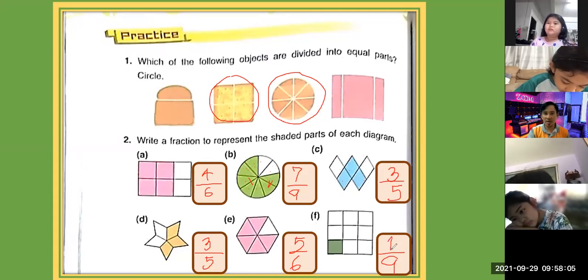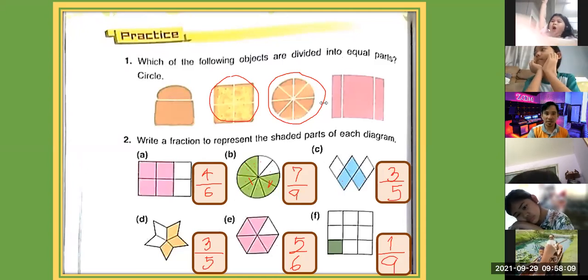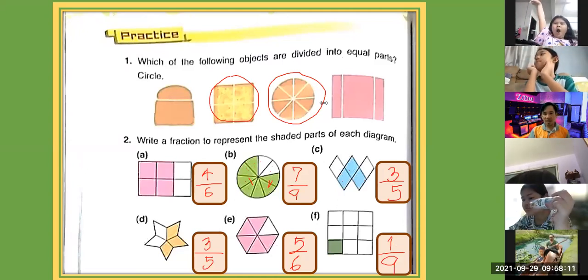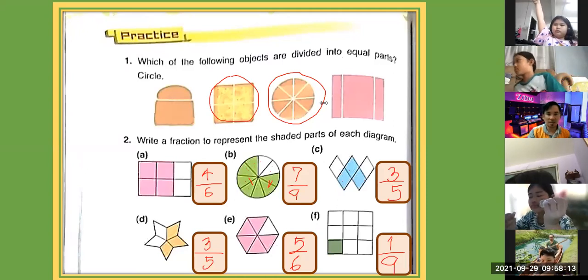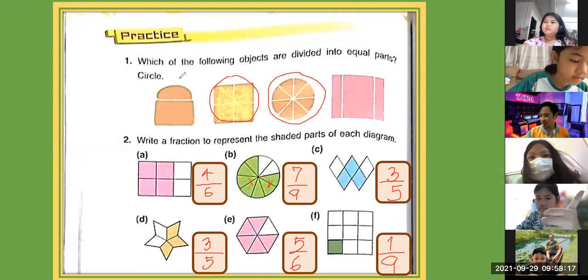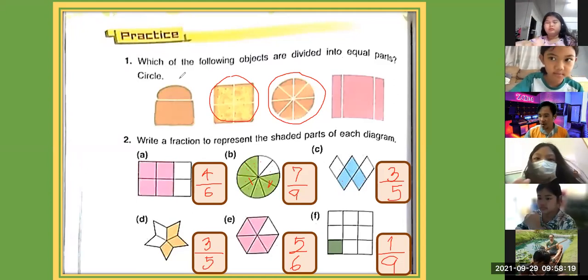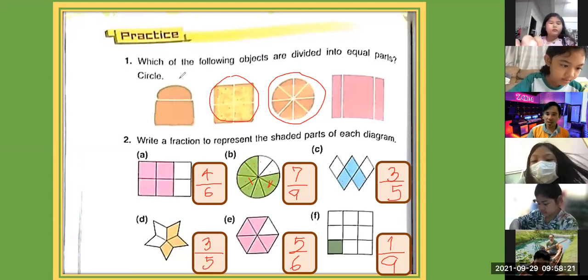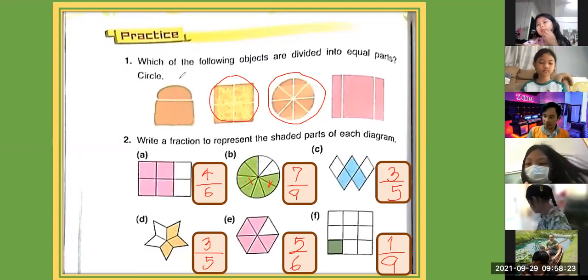Okay, 1/9. Everybody, pencils up. This one is very easy. I know you can do it by yourself. Pencils up. Okay, finish. Very good. Thank you. Now, number 3. Answer your book on number 3.